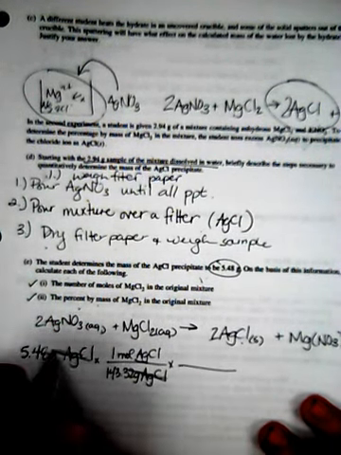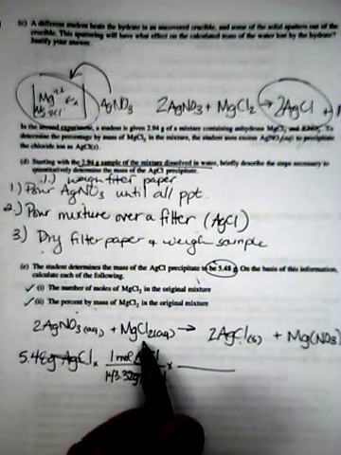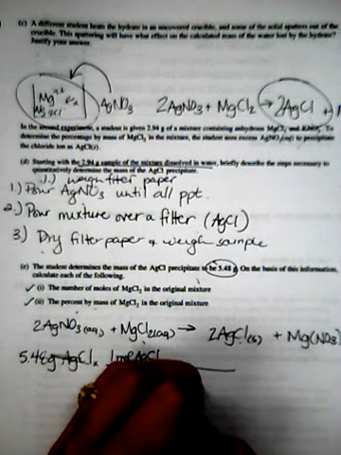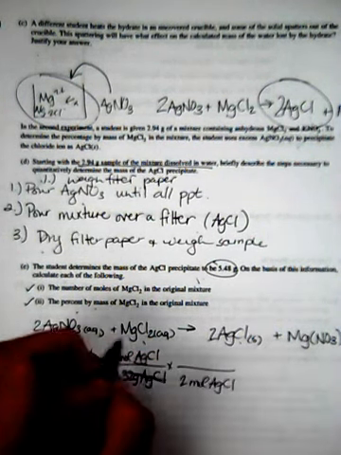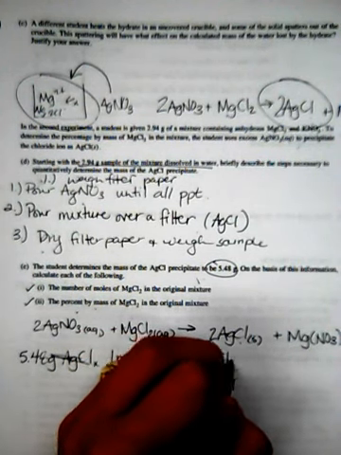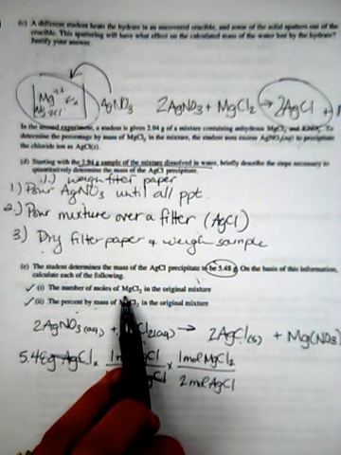All right. For every 2 moles of silver chloride that is precipitated, we've only started with 1 mole of magnesium chloride. So for every 2 moles of silver chloride, we start with 1 mole of magnesium chloride. And that's it, moles of magnesium chloride.